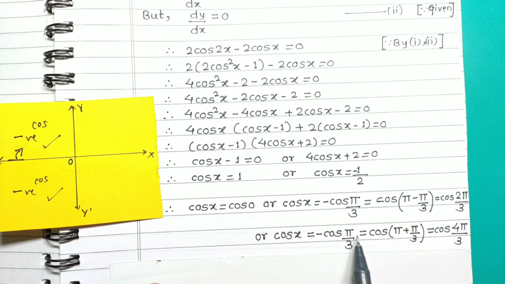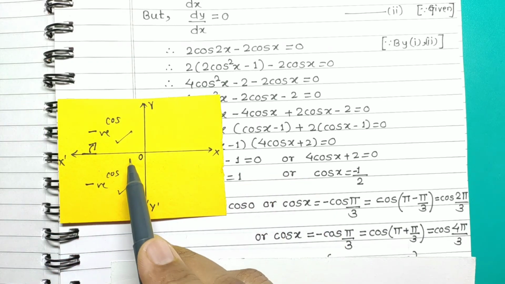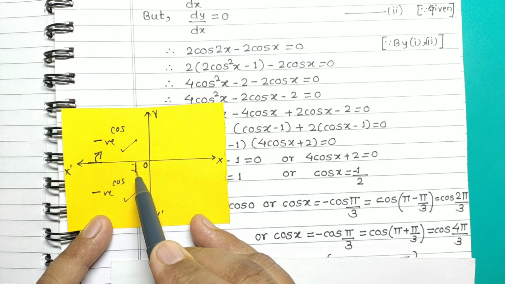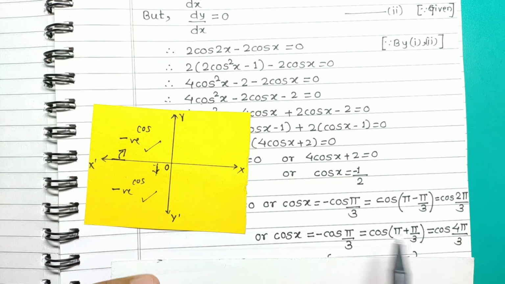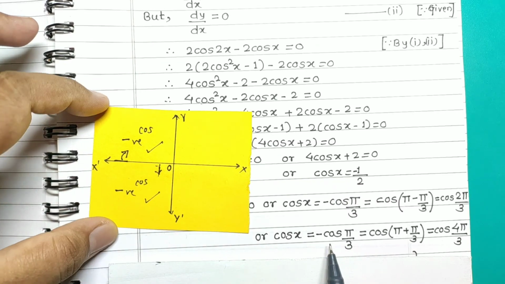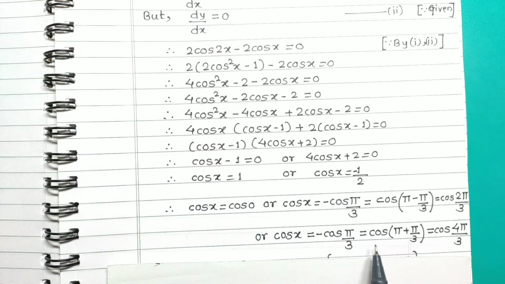So we can write this value as cos of pi plus pi by 3. Okay, then this angle will be in third quadrant. Pi plus angle, pi plus pi by 3, it will be in third quadrant. So we can write this minus of cos value as cos of pi plus pi by 3, and it is cos of 4 pi by 3. See, note these two steps properly.